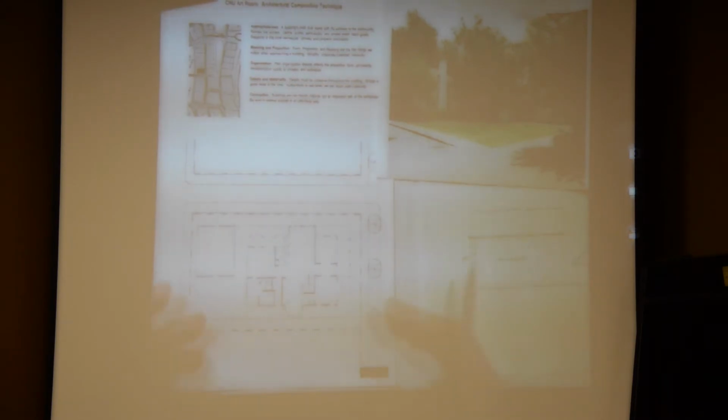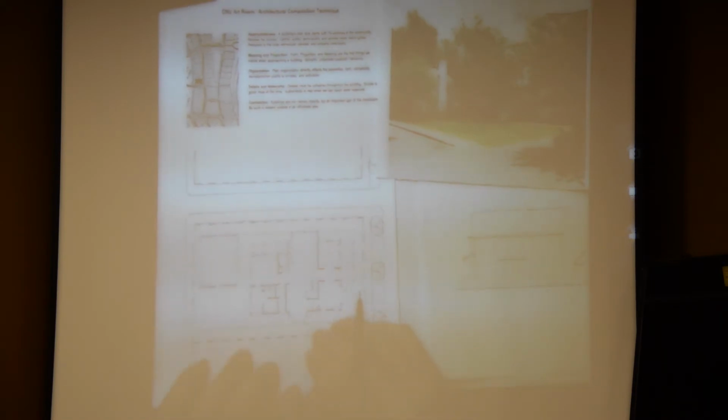Residential buildings are driven by lots of different programs. We've got the room count and the general notion of what it is that the client will want. And one of the things that happens often is that the scale, particularly in urban conditions, of the building gets really out of hand.